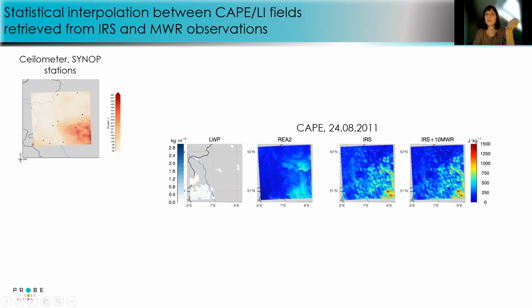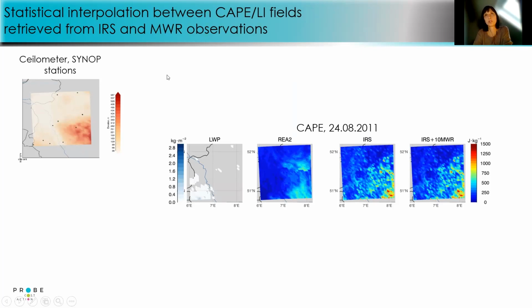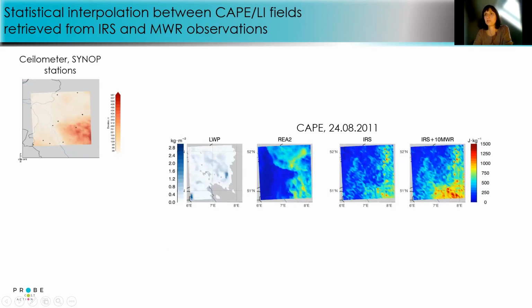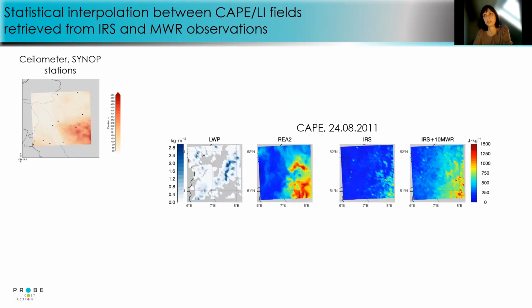Now let's have a look at the application of this method to the time series. And here the fields of CAPE obtained from IRS were merged with values of CAPE obtained from 10 microwave radiometers, which were placed in the location of operational DWD stations. Here we see that the field can be improved, but the high CAPE values are still underestimated.